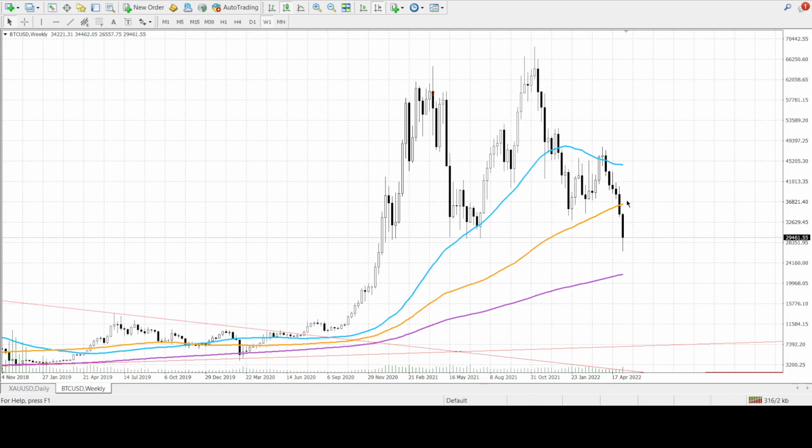Then the next test would be the third one, which, if you are in an overall bullish market, and by overall I mean years, the MA200 will hold.